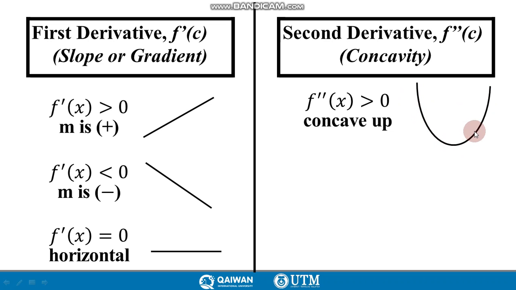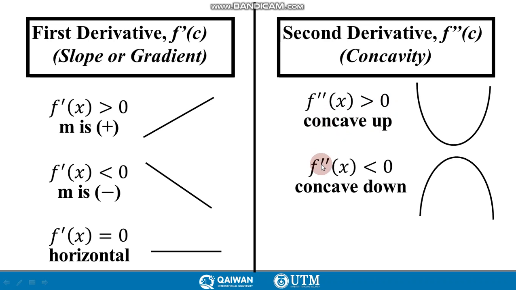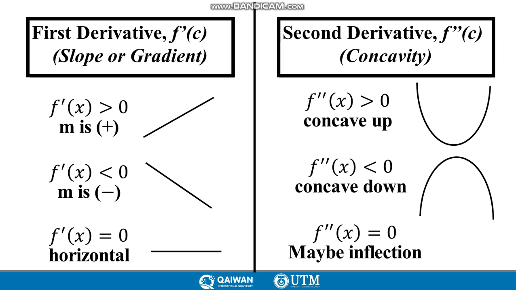If the second derivative is negative, less than 0, then the graph is concave down. And if the second derivative is 0, we may have an inflection point.